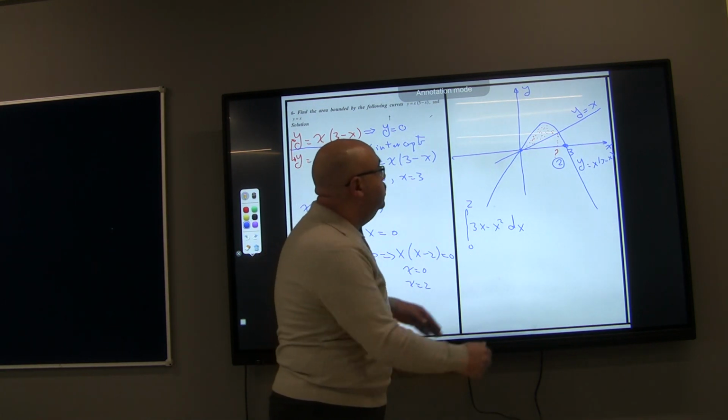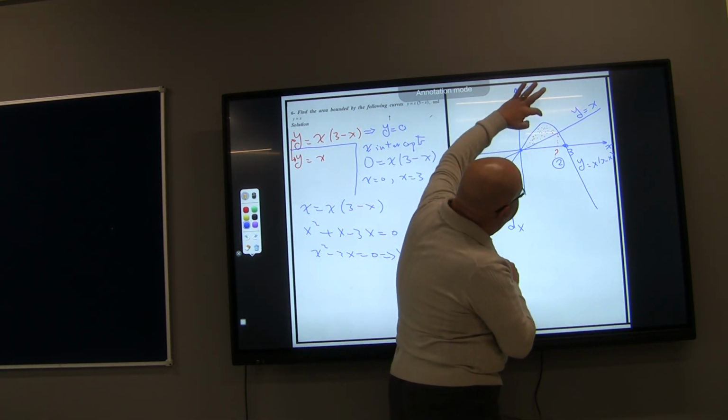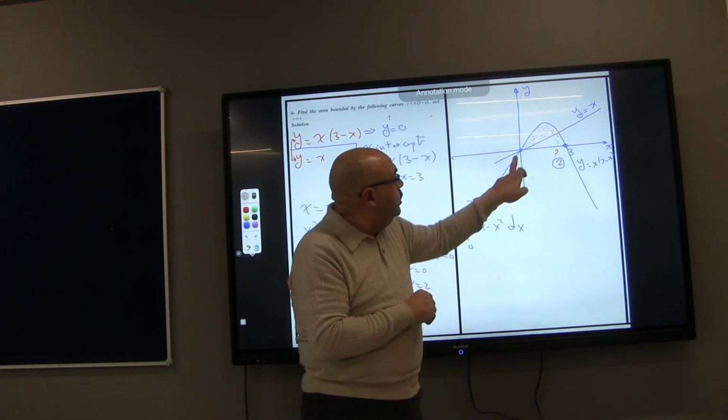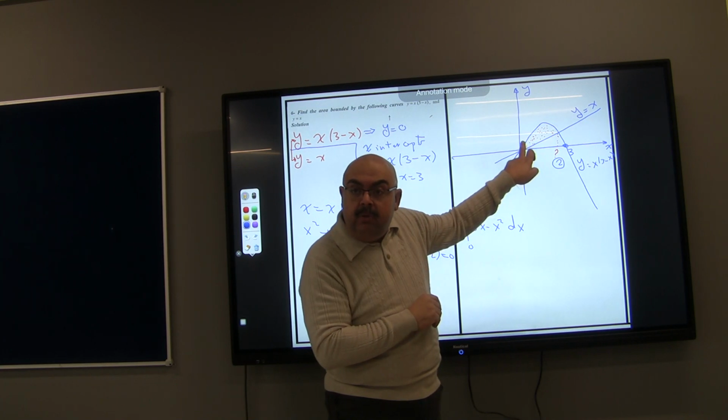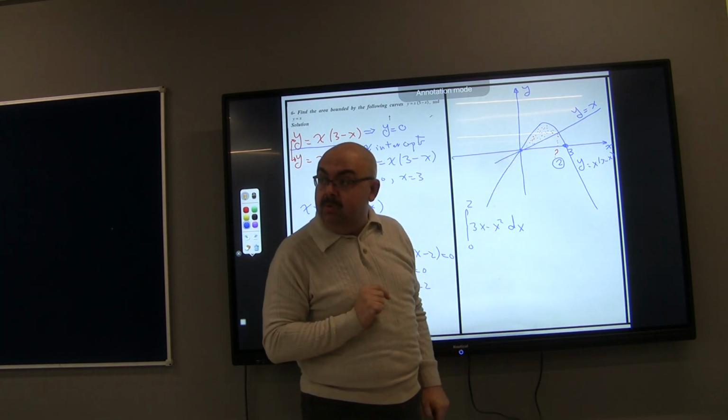This is going to give you the whole region, all the area starting from 0 and under the quadratic curve. أنا عايز أشيل منه التريانجل الصغير اللي موجود قدامك. We will subtract from this area التريانجل اللي موجود.